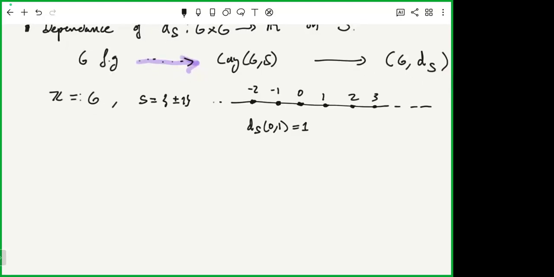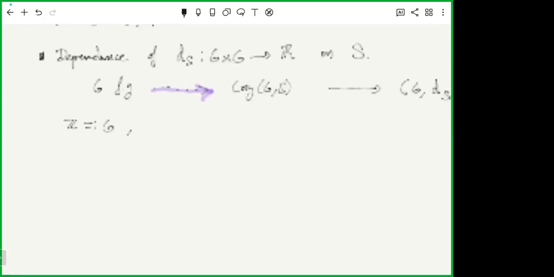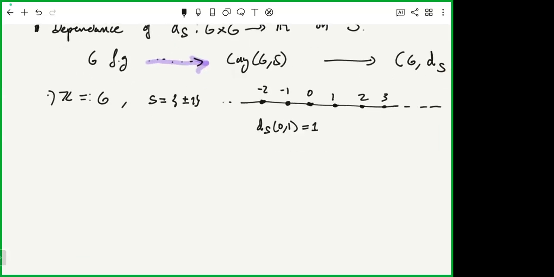But we can change the generating set. I can also consider the same group with a different generating set S prime. Let's say I take two coprime numbers, for example 2 and 3, but then I have to make it symmetric, so I also take their opposites.